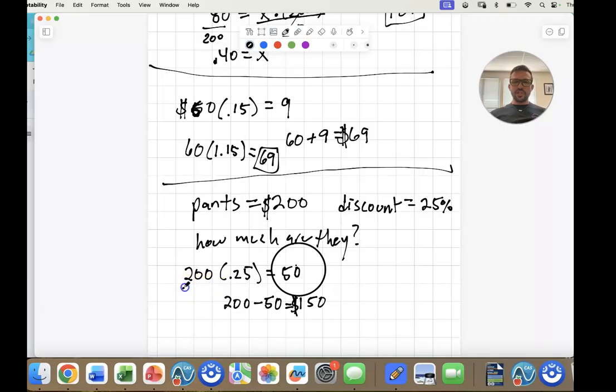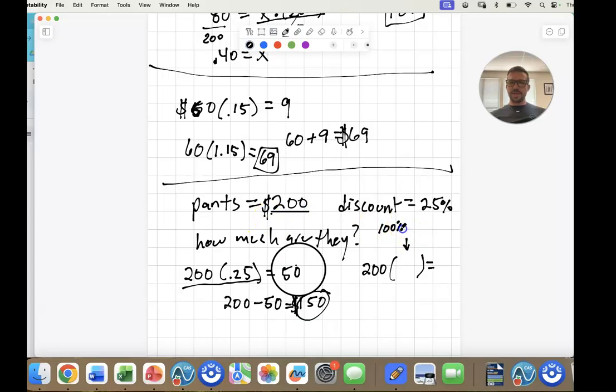But notice, 200 times 0.25 does not give you how much they are now worth. You have to figure out what to multiply 200 by to get the amount you're looking for. The pants were originally 100%, worth $200.